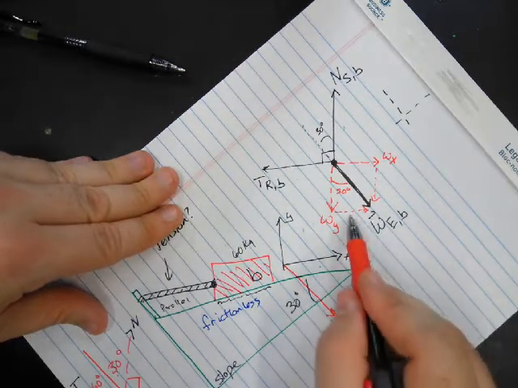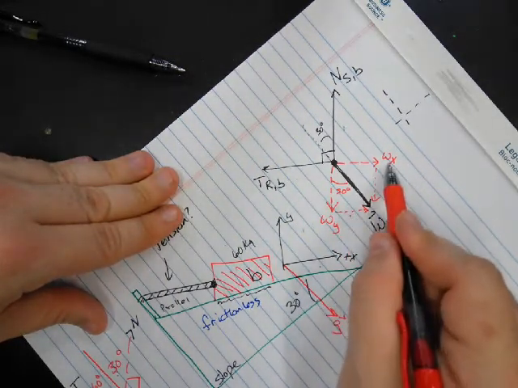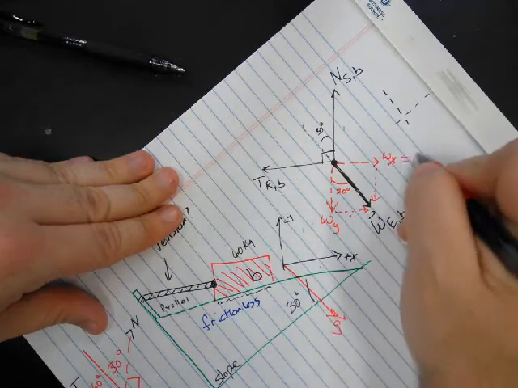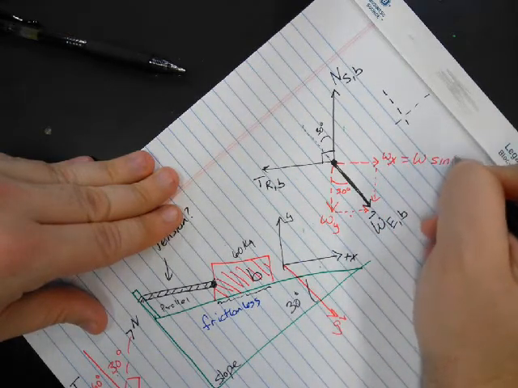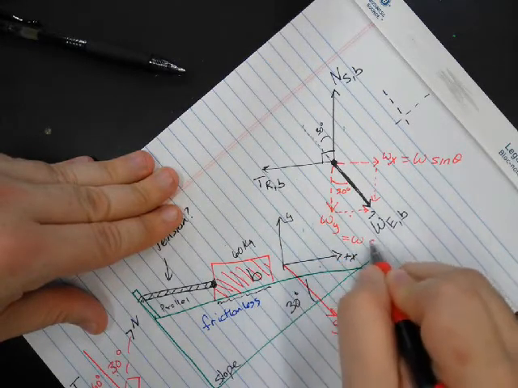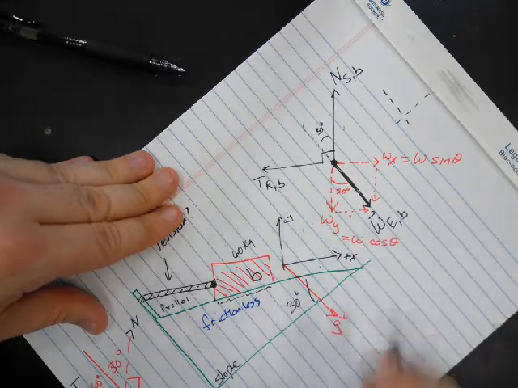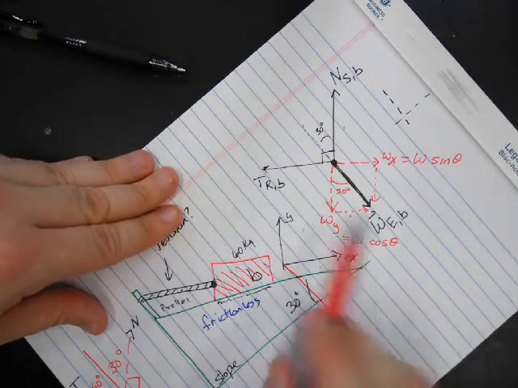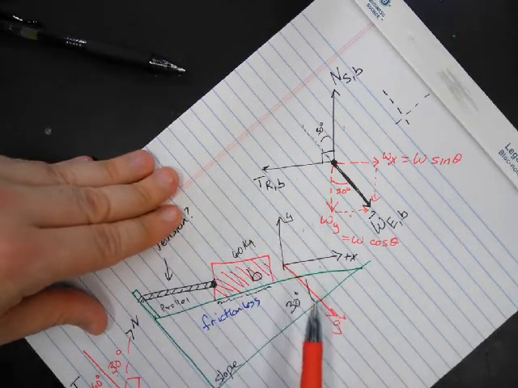So this is our opposite side. This WX is the weight times sine theta. This WY is the weight times cosine theta. That's going to be important, because now that lets us get to the tension.